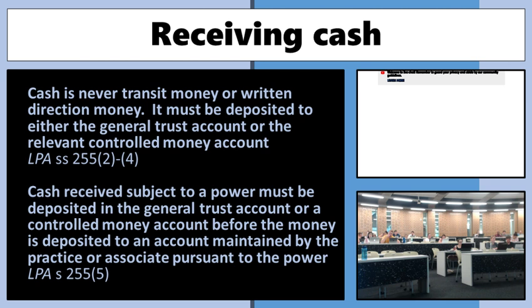I mentioned this earlier. Physical cash, banknotes with pictures of the Queen on it, coins, can never be power money, trust money, control money. It always has to go into the general trust account first. When you receive cash, you can't. And look, it's kind of logical if you think about it.